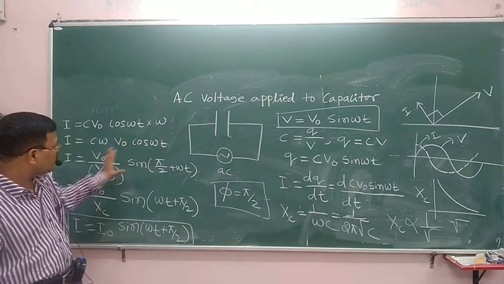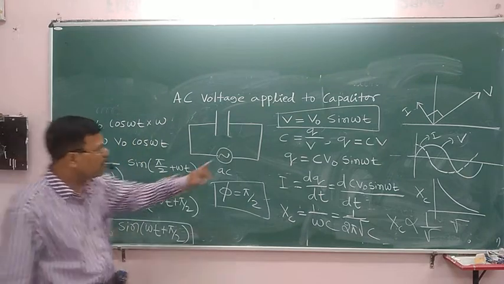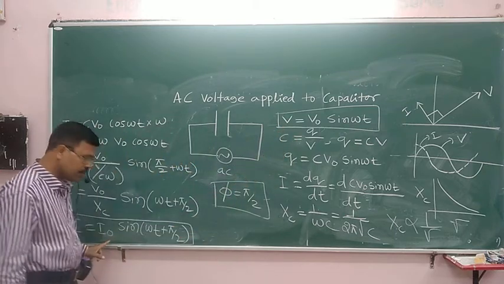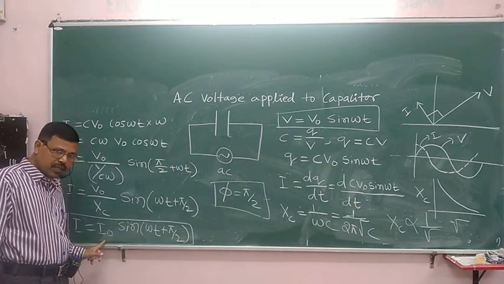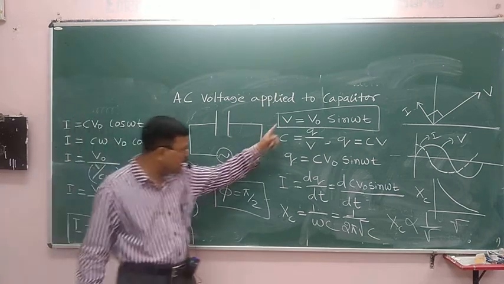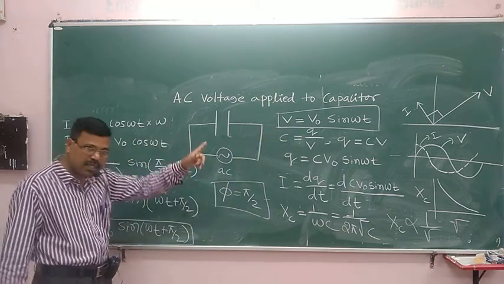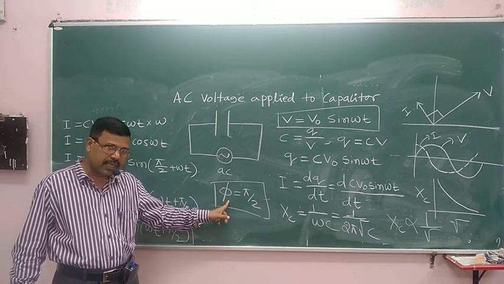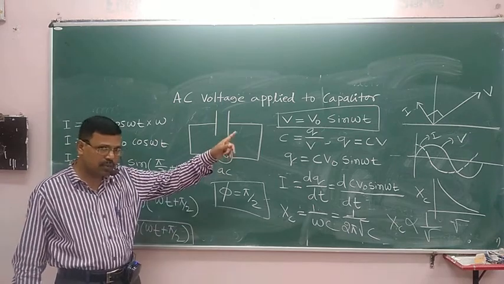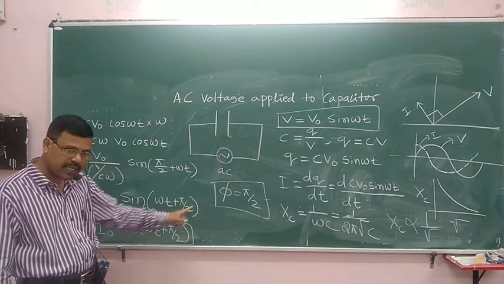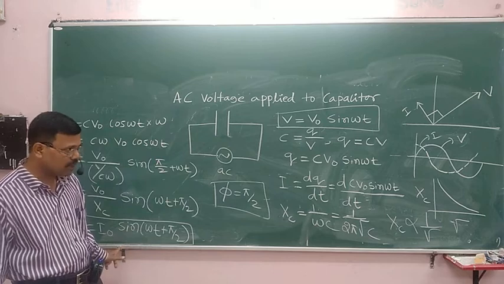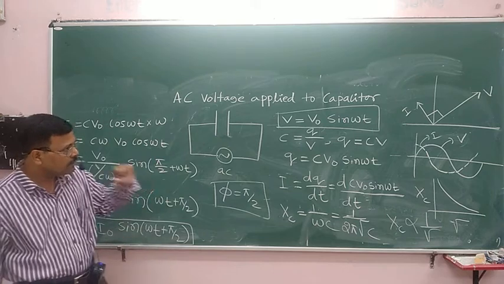So what have we done? By taking this voltage equation, we derived the current equation. Between the voltage and the current, we established the phase relationship, that is 90 degrees.